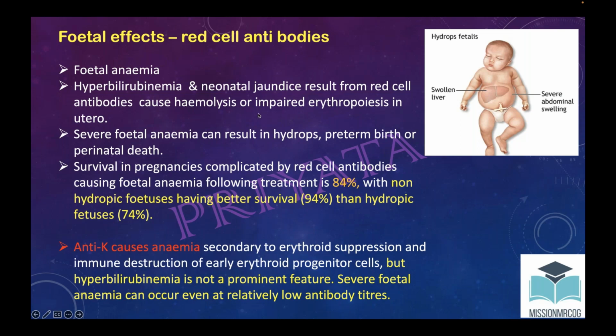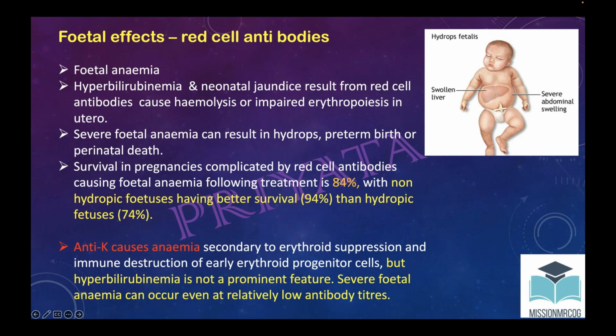If severe fetal anemia, it can lead to hydrops, preterm birth, or perinatal death. Okay, apart from this, survival in this pregnancy, if the treatment is done, would be about 84%.